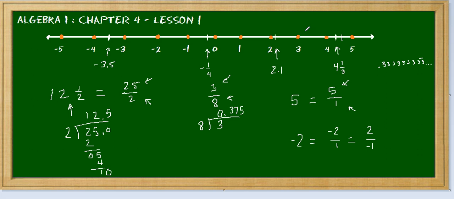So now we're asked in our example problems, which number is larger, -3.5 or 2.1? So we're looking at these numbers that we've placed. -3.5, it's right down here, all the way over here, versus 2.1.